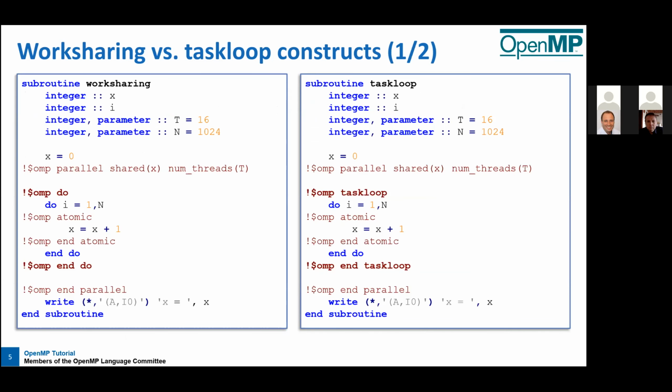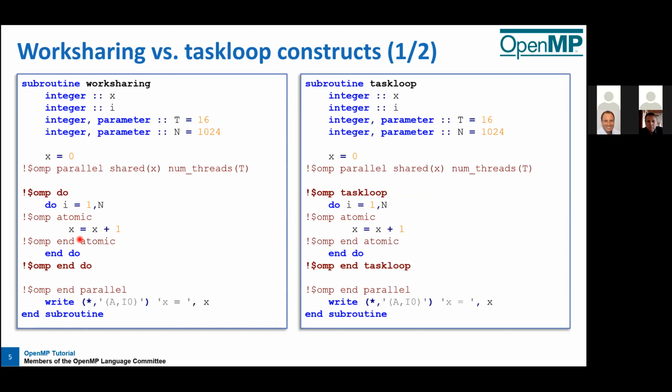All right, now let me compare work sharing versus the taskloop construct. Both look very, very similar, but they have a fundamental difference. On the left-hand side, we see a work sharing construct like Christian was showing last webinar, where we parallelize a do loop running from 1 to n, and we count, which is a bad pattern, but it's illustrative.